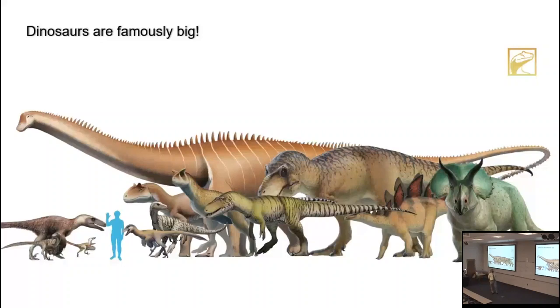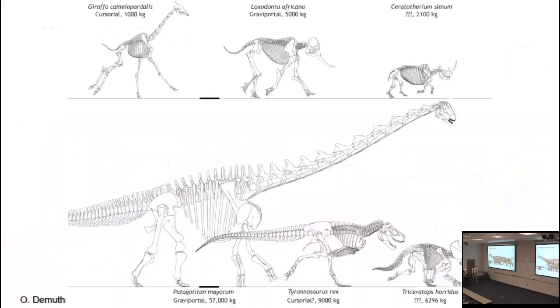In fact, remember, Dinosauria, fearfully great lizards, the name even comes from the fact that they exceeded all known living reptiles at the time. And there are many species of dinosaurs which greatly exceed the large land mammals of today. There's just three giant animals in the modern world, compared to Patagotitan, a big titanosaur, Tyrannosaurus, and Triceratops.